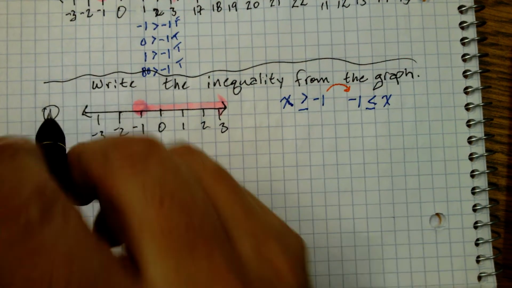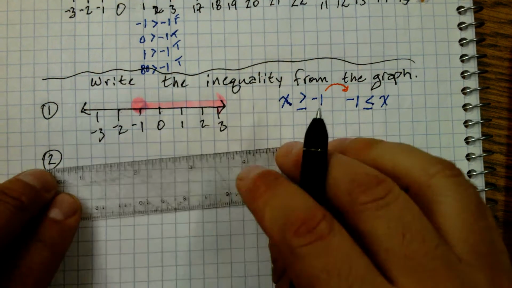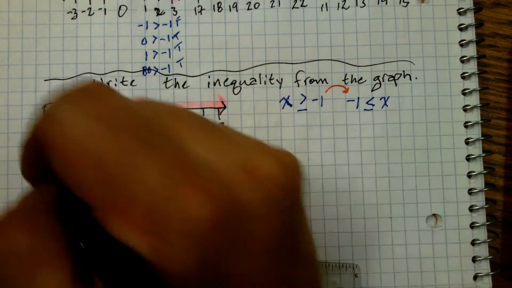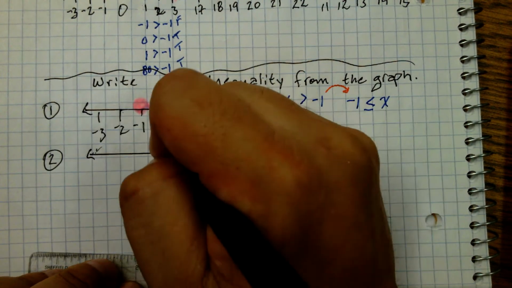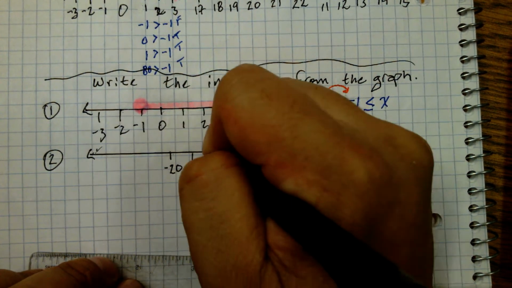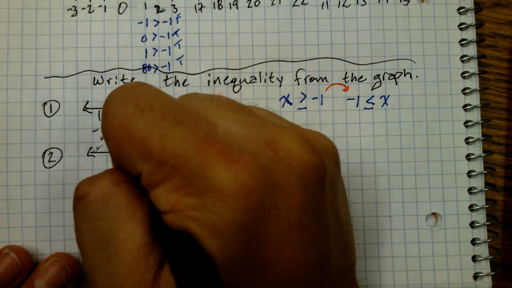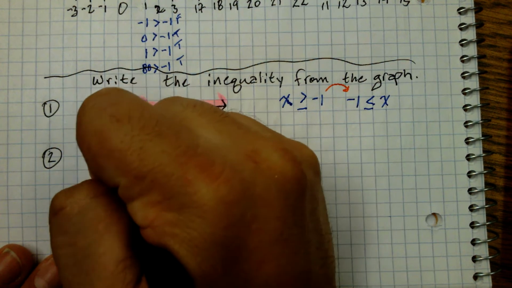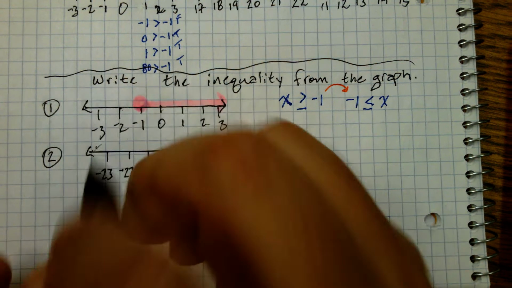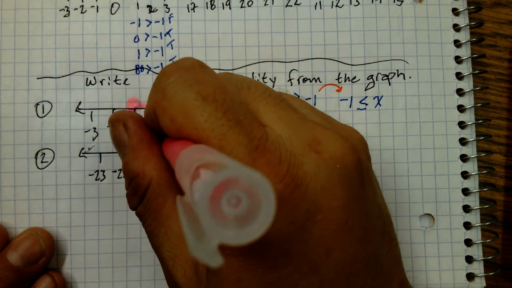Number 2. Let's do a number line on the negative side. We're centering this one on -20. Okay? Okay, so this time we're going to do open point here.